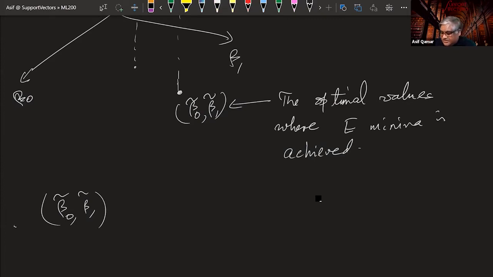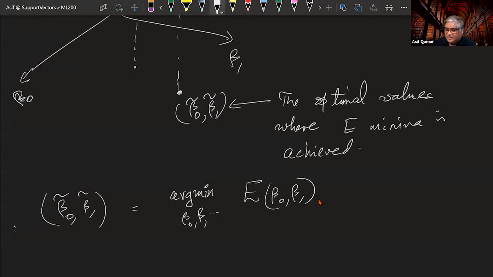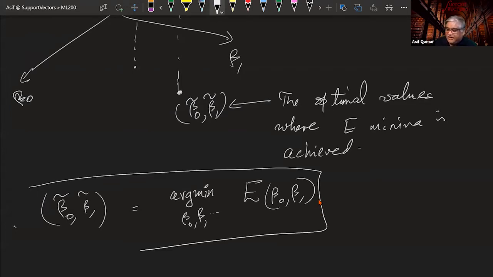It is that value of beta naught, beta 1 where the error achieves the minimum. That's just a summary way of putting it: what value, what argument of beta naught, beta 1 will minimize the error. That represents our point here.